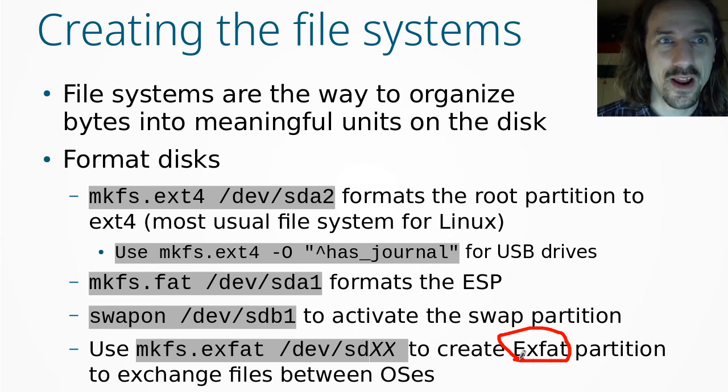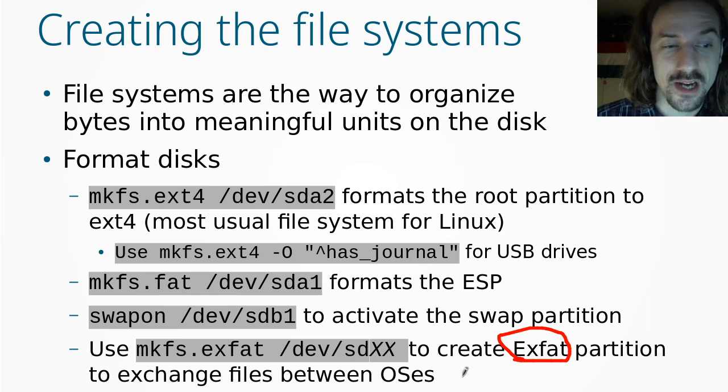You can also try NTFS if you only have Linux and Windows, but sometimes the NTFS partition gets screwed up if you are using it mostly from Linux and you don't use it with Windows. So that's why exFAT is probably the best choice for this kind of exchange place for data between different operating systems.